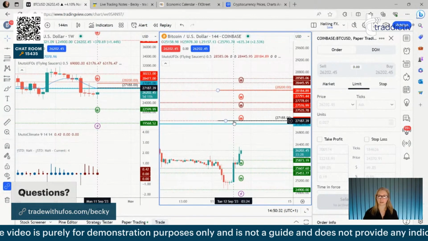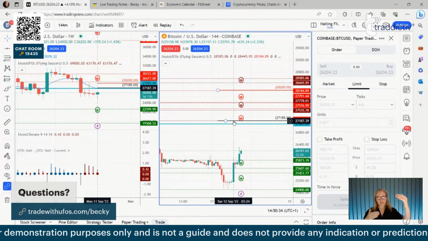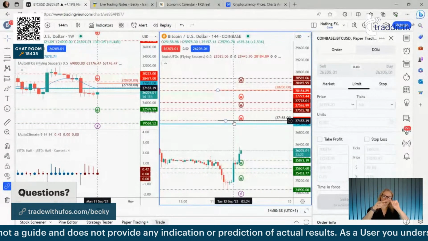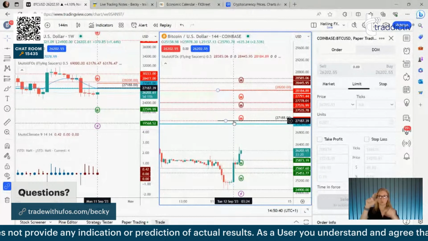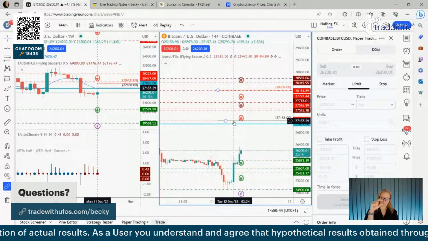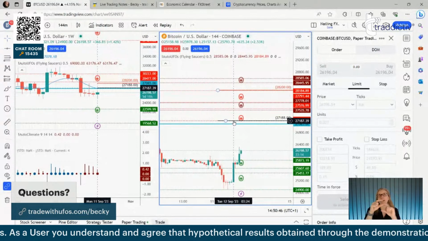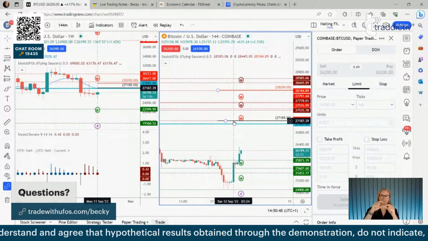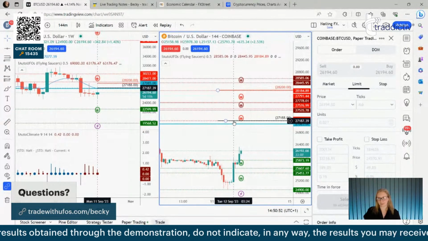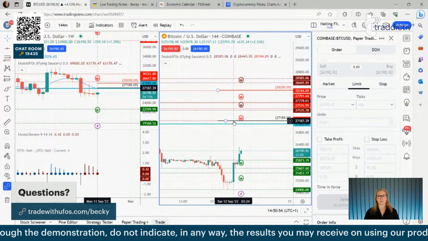Now, the wider the risk, the lesser the chance that you hit a decent reward to risk ratio, right? If I risk 10 pips, it's much more likely that I'm going to make 10 pips. If I risk 1,000 pips, much less likely the price goes in my favor by 1,000 pips. So that's the downside here. But I would always say with cryptos, we want to give ourselves a nice big buffer.